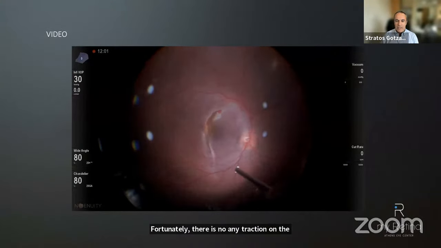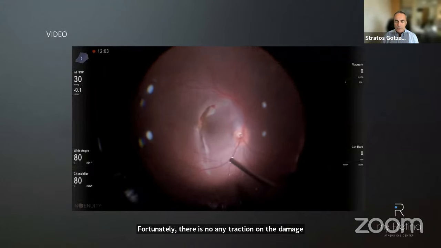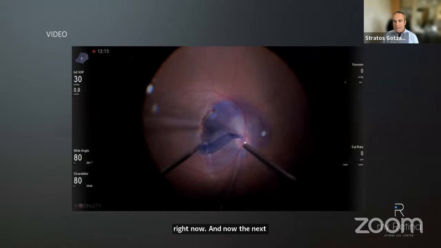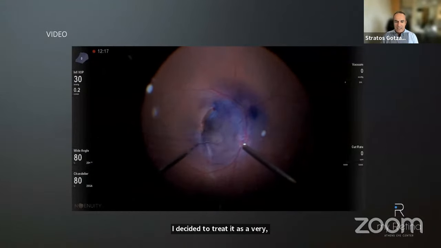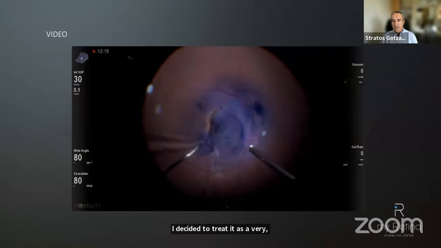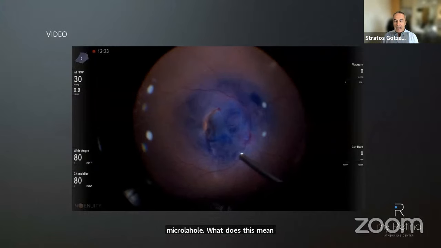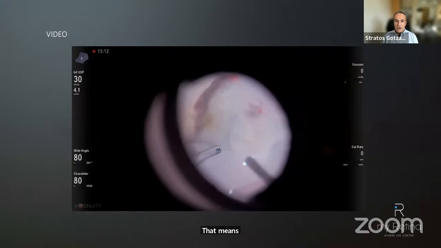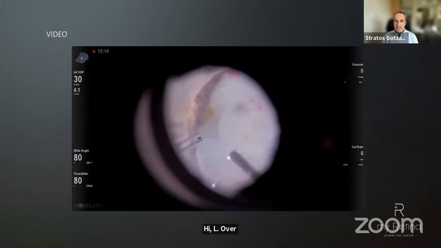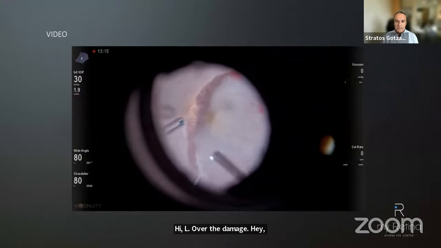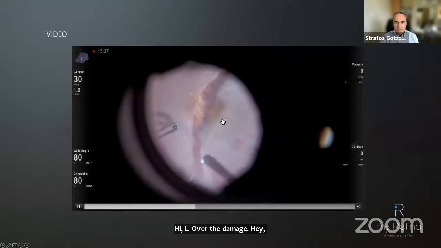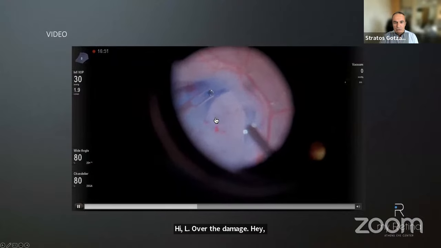And now the next decision, what should we do? I decided to treat it as a very, very large extended macular hole. What does this mean? That means an ILM flap over the damaged tear. You can spot here the healthy foveola.